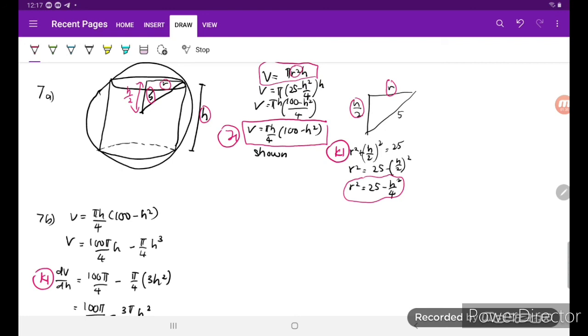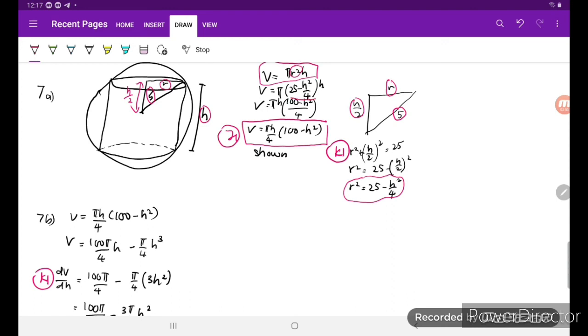So we will get, this is 5, the radius of the sphere. So we use the Pythagoras, r squared plus (h over 2) squared equals to 25. So we will get r squared equals to 25 minus h squared over 4, and then we substitute in the r here.